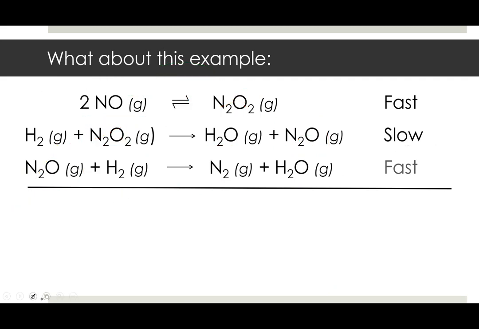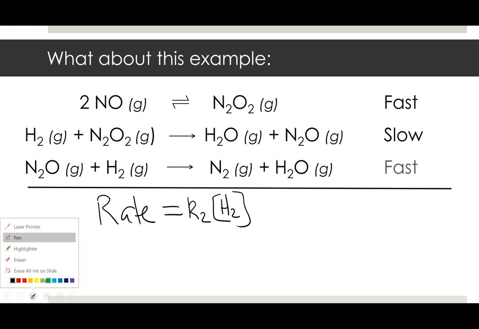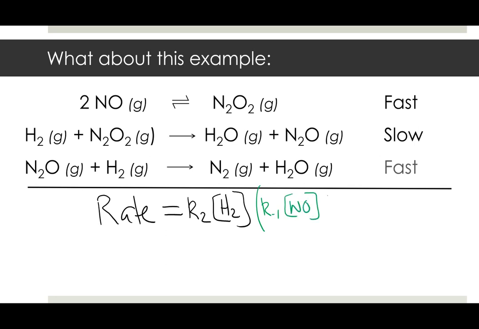Up until this point, we've got rate equals K2 times H2. And then we've got K to the negative 1, NO, NO. So I just copied what I had in the previous slide.